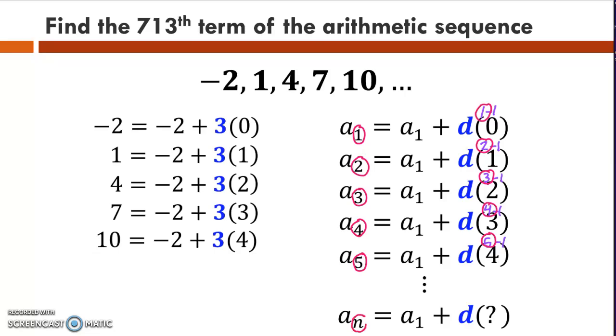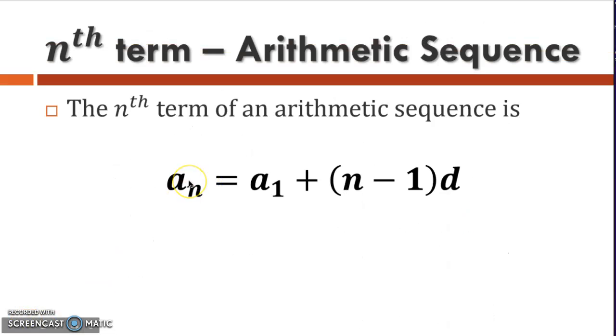So, if we have a sub n, we need to multiply in here by n minus 1. So this is a formula of how we can find the nth term of an arithmetic sequence. The nth term of an arithmetic sequence is a sub n equals the first term, a sub 1, plus n minus 1 times D.